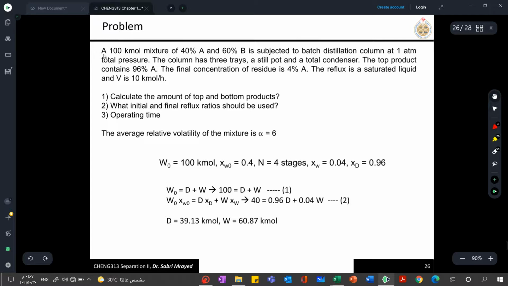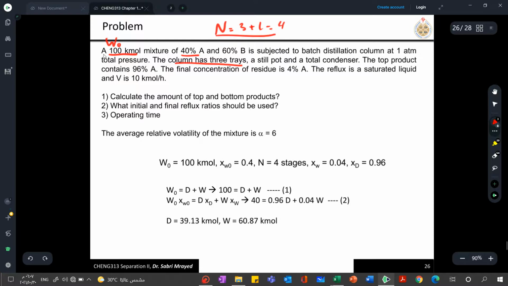Here it gives us W naught and XW naught. Also, it gives us the number of stages: three trays and still pot, so we add the three trays and the still pot and we will have 4 stages.